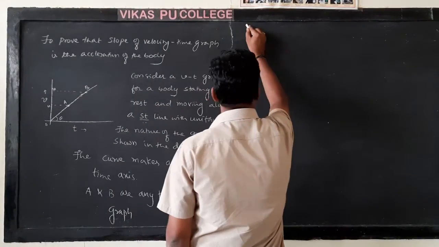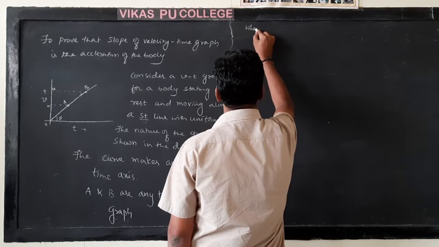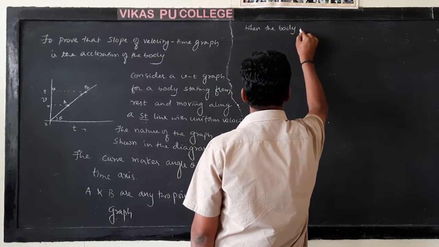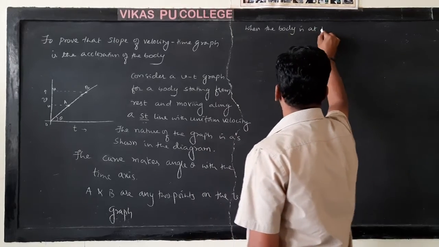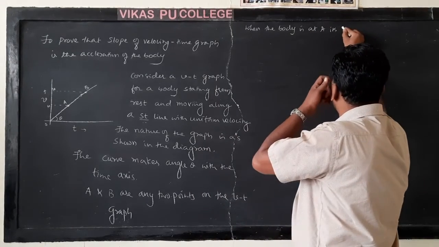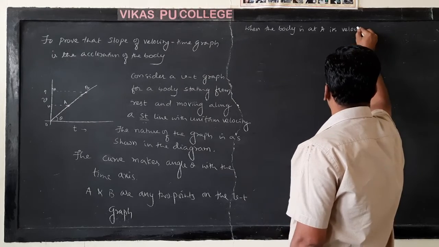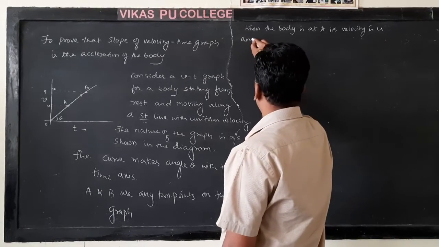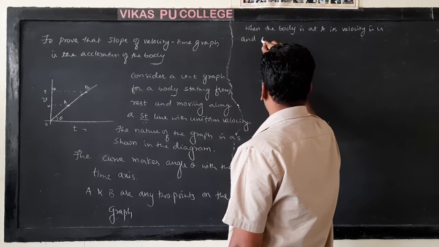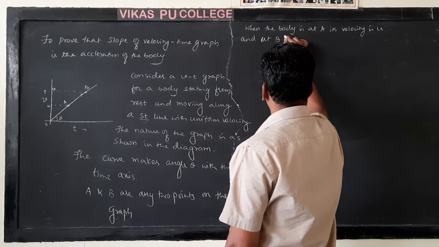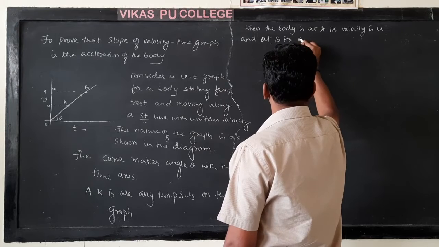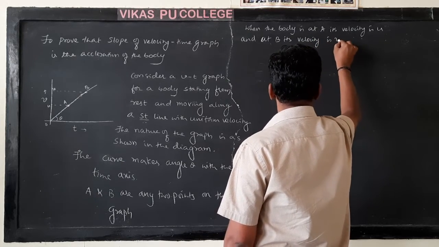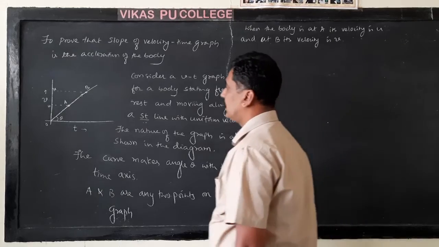So I write here, when the body is at A, its velocity is u and at B, its velocity is v. So from u it has changed to v.